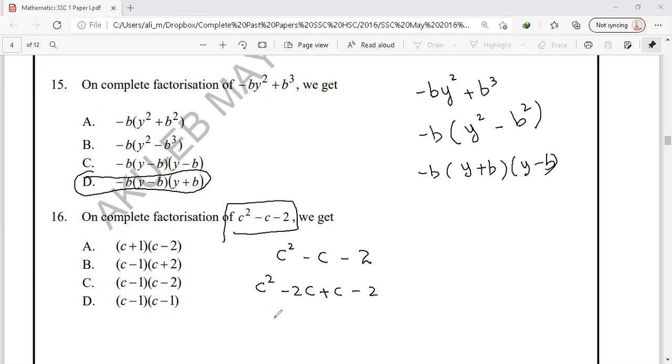So let's take c common from them. So we will have (c minus 2) and plus 1 common. So we will get c minus 2. So c minus 2 would be taken again as common, and we will get c plus 1. So this is the complete factorization of this expression. So the correct option we have is (c minus 2) and (c plus 1). That is in option A.